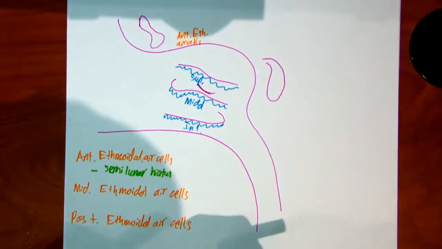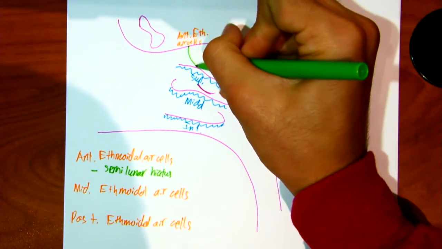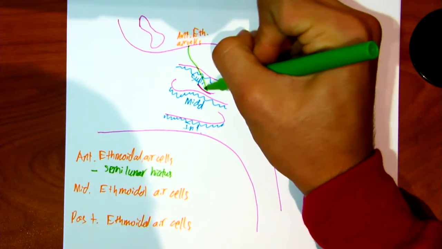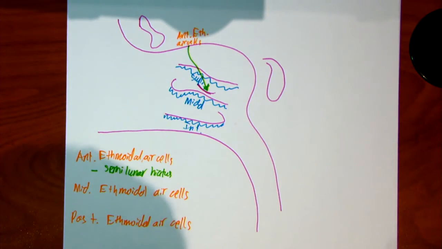Up here I just wrote anterior ethmoidal air cell, and we're going to draw it in green, draining to here. This curved structure atop the middle nasal concha is the semilunar hiatus.